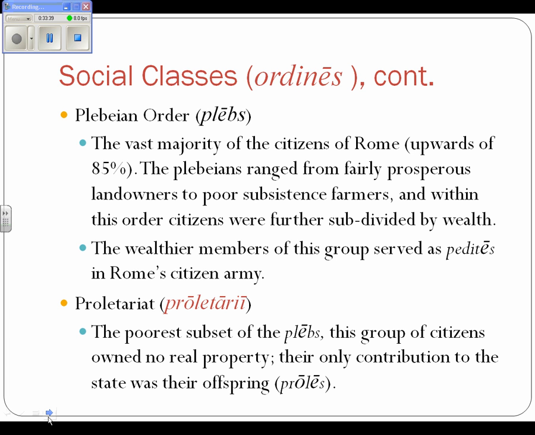Okay. All right. The wealthier members of the plebeian class served originally as Rome's infantry and persisted in serving as Rome's infantry for many, many centuries. Right? Until Rome's army was professionalized, and then the property qualification to serve as an infantryman was lowered down to 0.